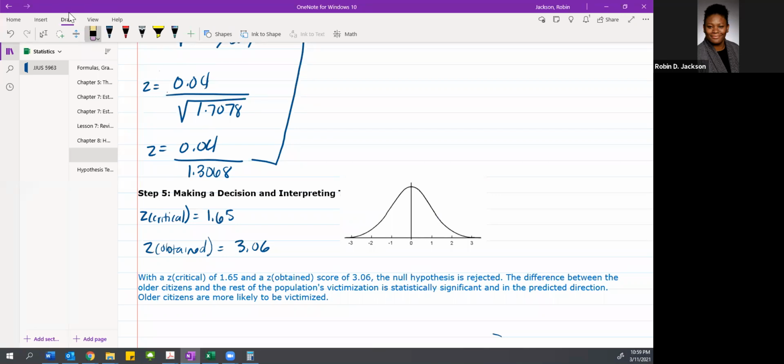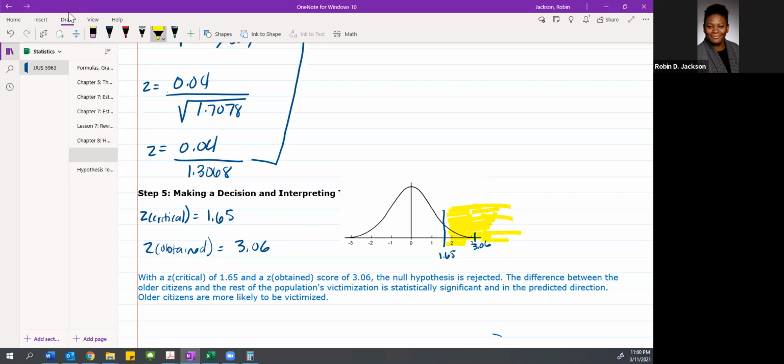All right, so 1.65, it's not quite how I wanted that to look. Let's try that again. So 1.65 is a little more than half. And then we know that the Z obtained is out here at about 3.06. And remember what I said about the critical region? The critical region is everything beyond that Z critical.